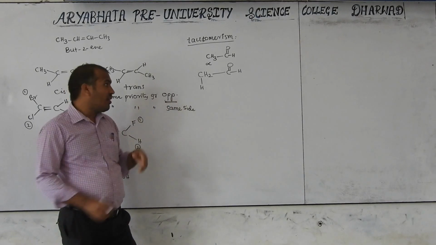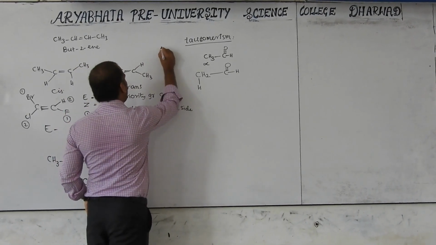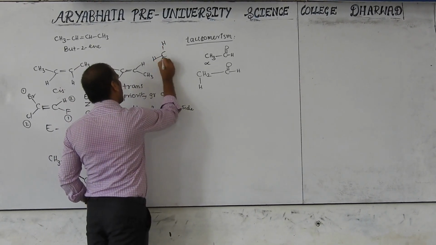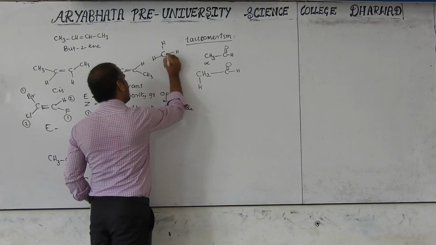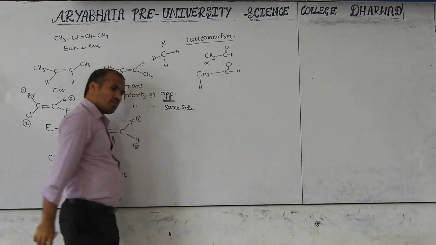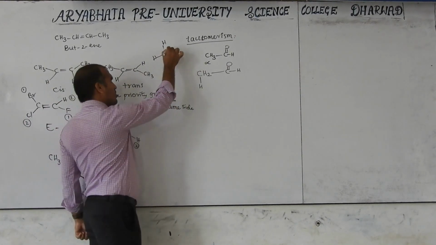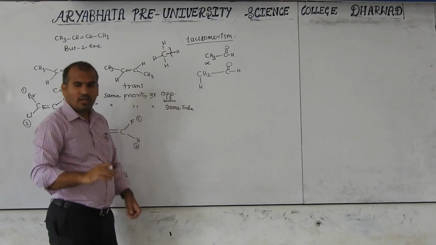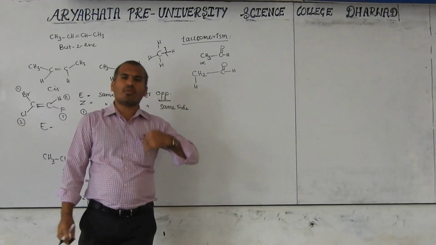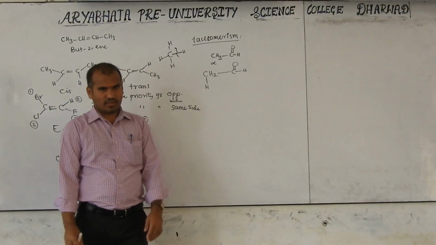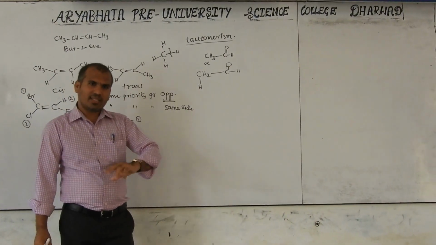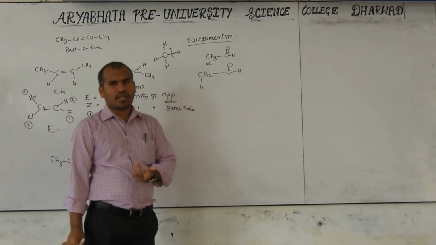If you write CH4, in this case the hydrogen is not acidic because the bond does not break easily. When it is not easily broken, it is not easily lost as H plus. So one which is easily lost as H plus is called an acidic proton.